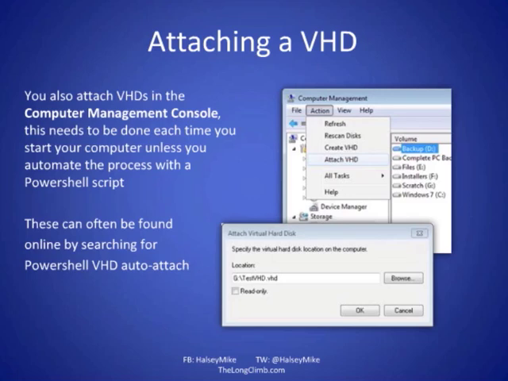If you have a little search online, there are PowerShell scripts that will do this, but it won't automatically reattach. So there are downsides. But that's a virtual hard disk, and that's how you can attach it.